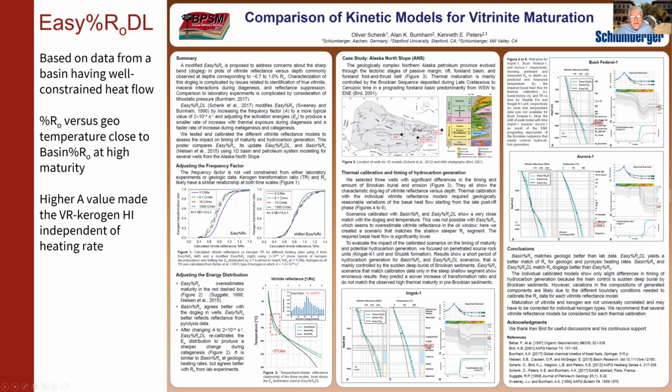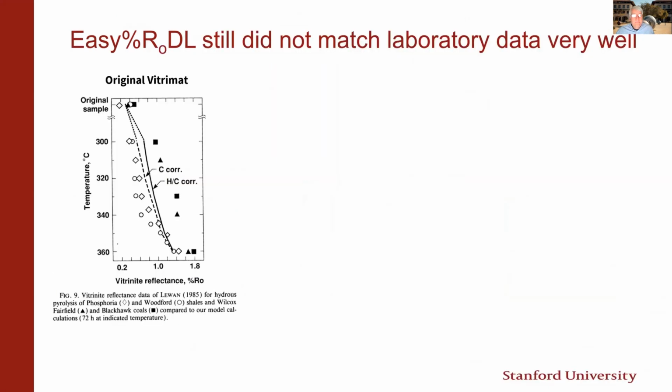The two characteristics are a frequency factor of 2 times 10^14 reciprocal seconds and a sharper break or dog leg in the reflectance versus temperature. But it's an improvement, though Easy%Ro did not match laboratory data very well.